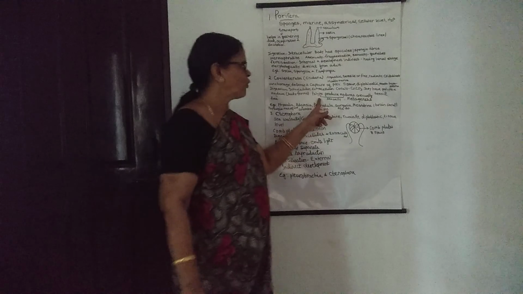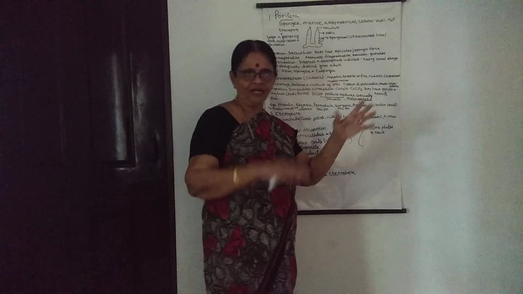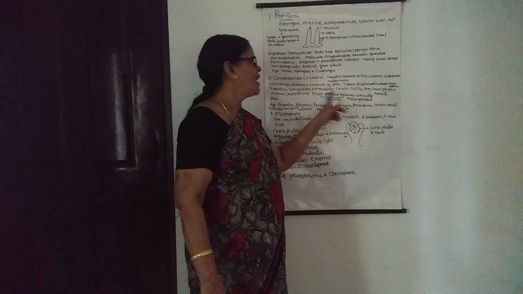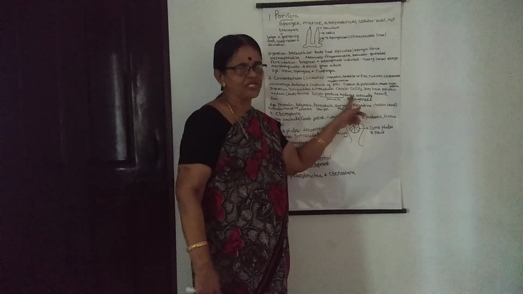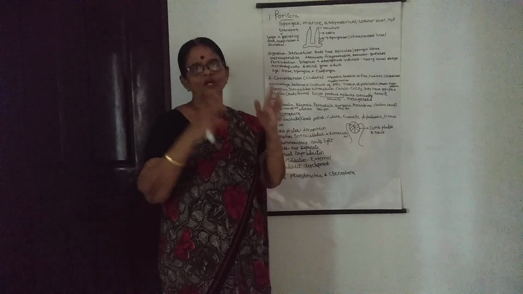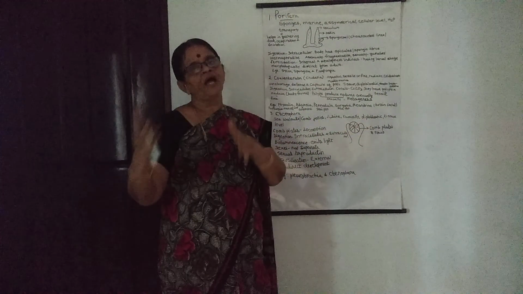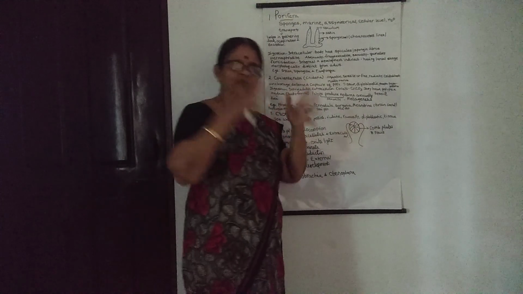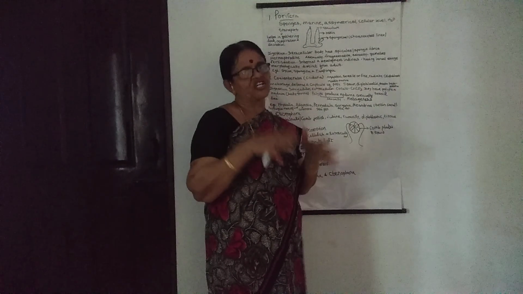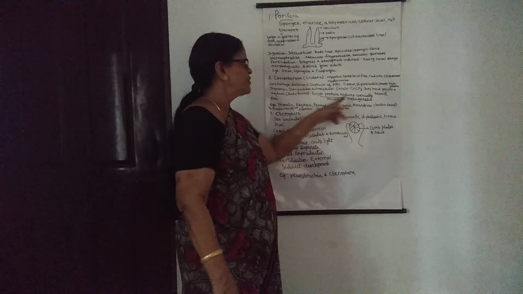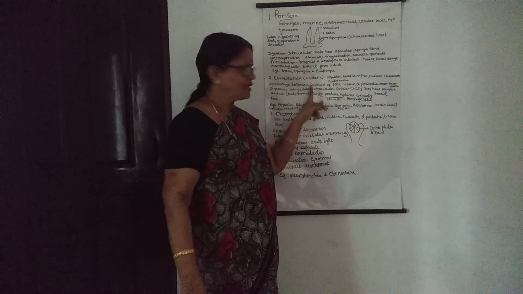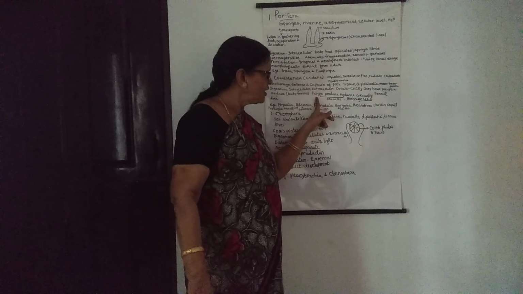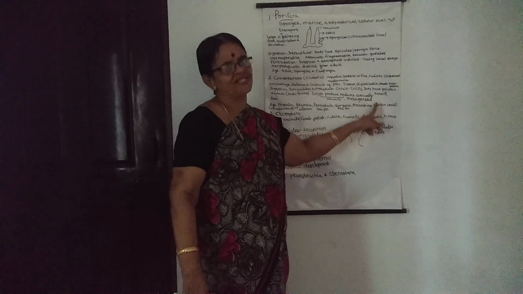Now polyps reproduce asexually and produce medusae. The medusae produce polyps by the sexual mode of reproduction. So medusa forms the polyp sexually, and polyp forms the medusa asexually.